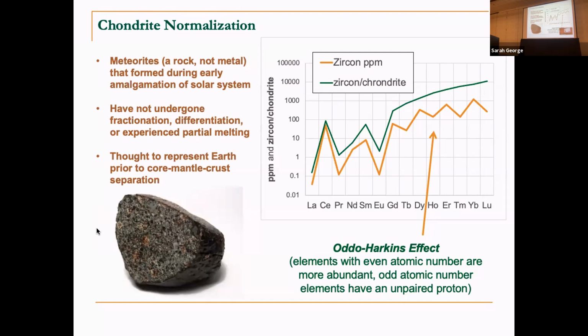Things with odd atomic numbers have that loose proton, and we don't like loose protons floating around. Those usually get paired up, so even atomic numbers are more common in the universe. We don't like to look at data that looks spiky like this. It's not pleasant to look at, and it's complicated to read. So we just normalize it to chondrite, which smooths things out. Most of the data that you see published will be normalized to chondrite.